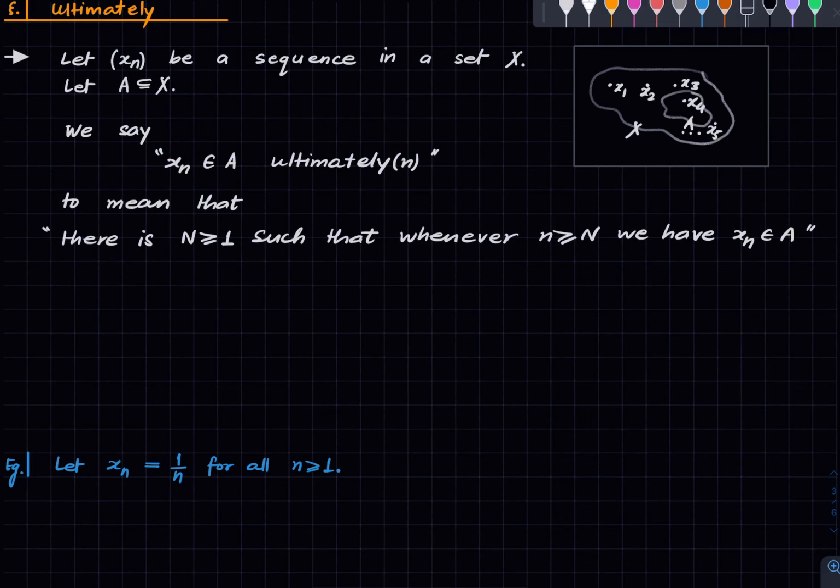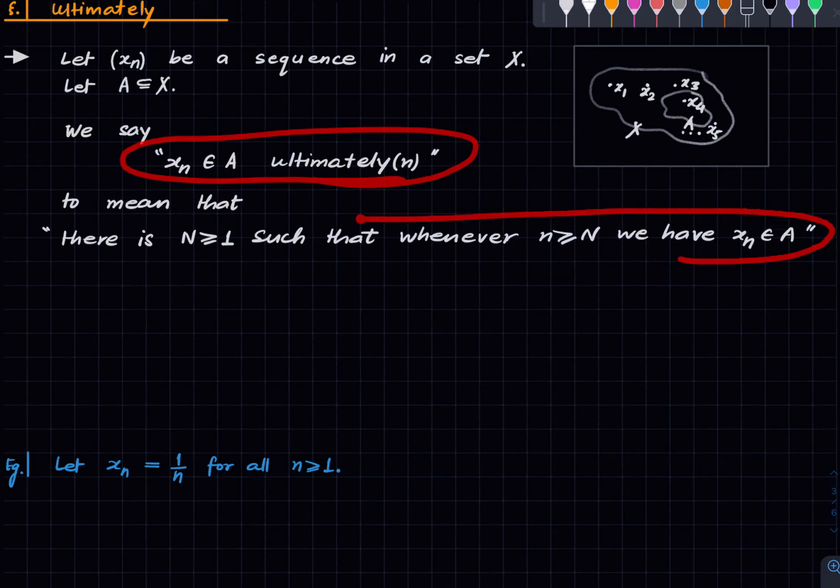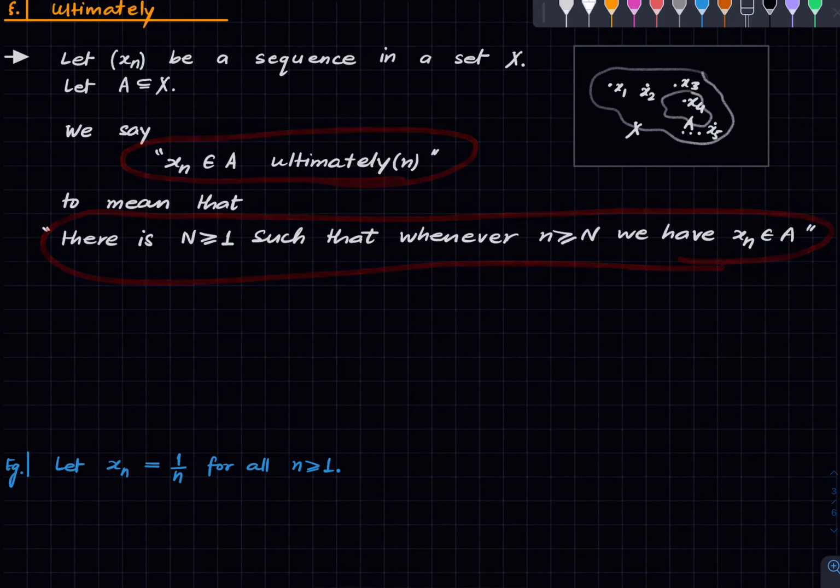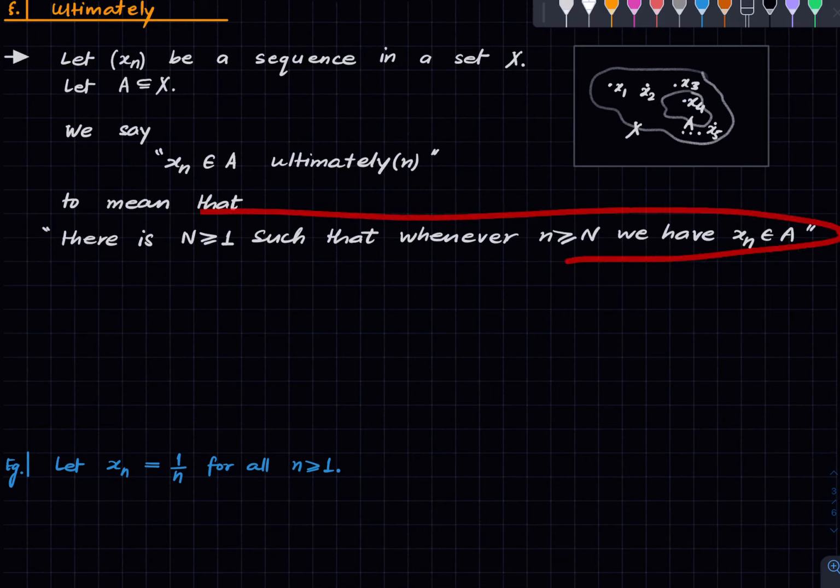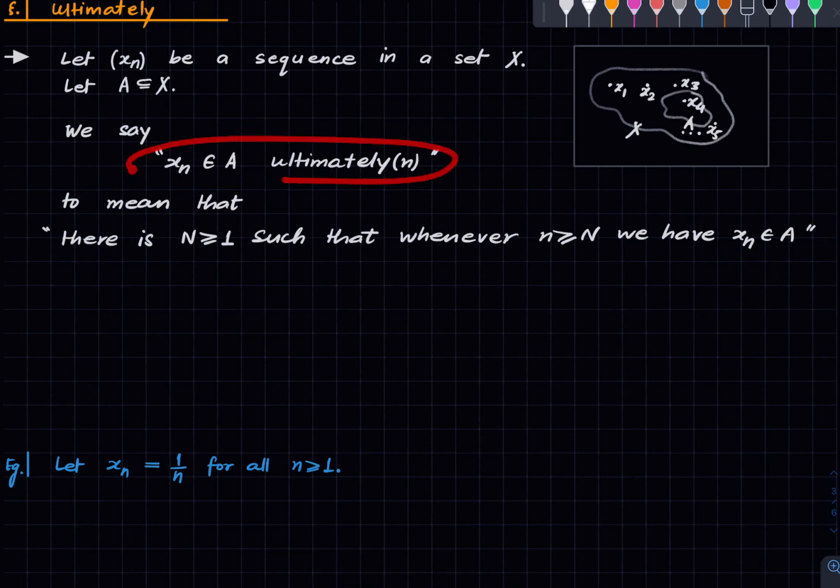It's a very, very simple concept, but it just saves a lot of writing, and it is easier for humans to understand. Every time writing this may only get in the way, even though at times we have to resort to this. At times you have to unravel the definitions, but this is already fairly clear. Okay, so much for the definition of ultimately.